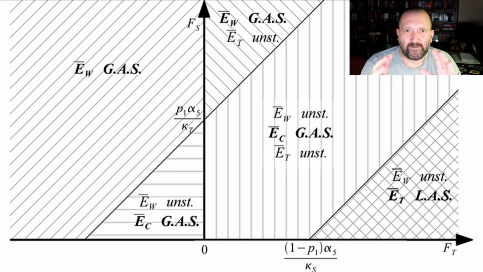What's important to keep in mind here is that this is the model that prevails in the absence of infection. Okay. So there's no, I is equal to 0 here.